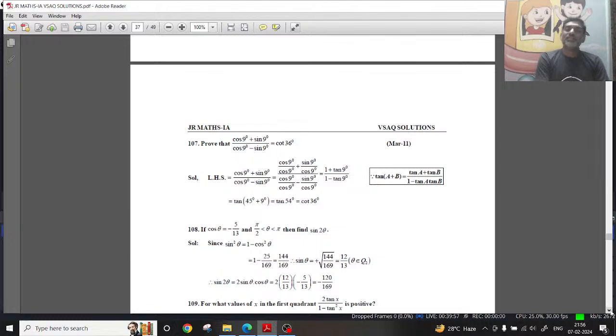If we convert everything in terms of tan, by taking cos 9 degrees common, we get 1 plus tan 9 degrees divided by 1 minus tan 9 degrees, that equals cot 36. Because tan a plus tan b by 1 minus tan a tan b equals tan of a plus b, or else simply 1 plus tan a by 1 minus tan a is tan of pi by 4 plus a. So here tan of 45 plus 9.